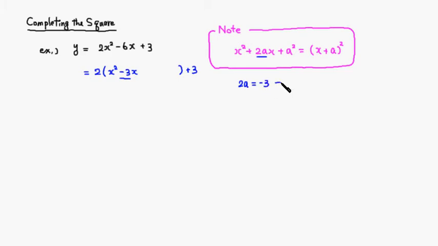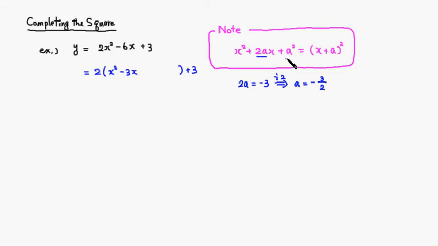So a in this case, we divide through by 2, so a is negative 3/2.